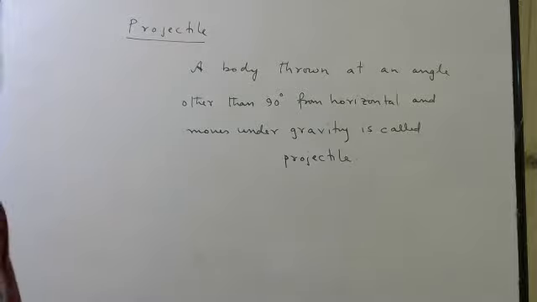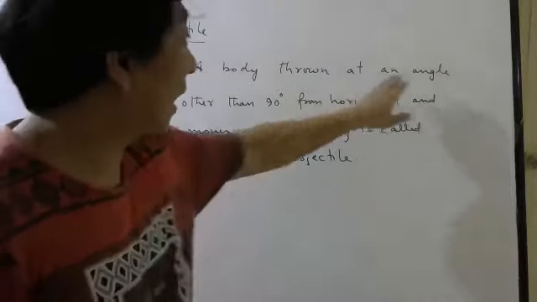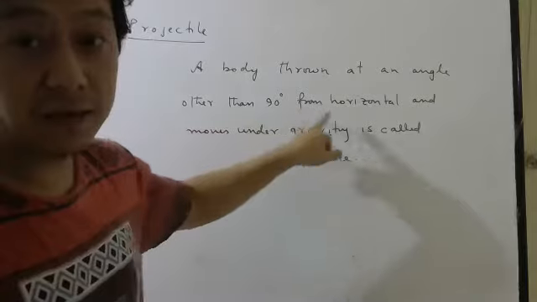So what is a projectile? A body thrown at an angle other than 90 degree from the horizontal.